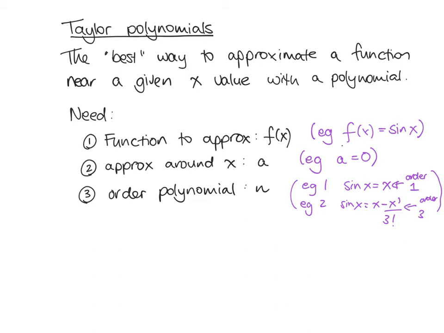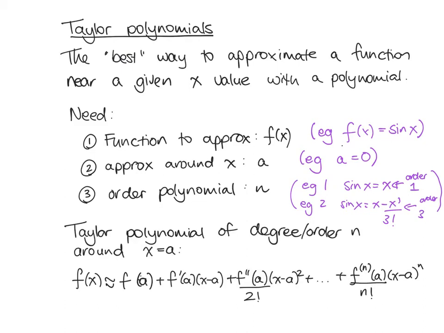Once you've got all the details of what it is that you're going to do, you can find the Taylor polynomial of degree or order n around x equals a using the following. So notice that on the right-hand side we have the equation for a polynomial.